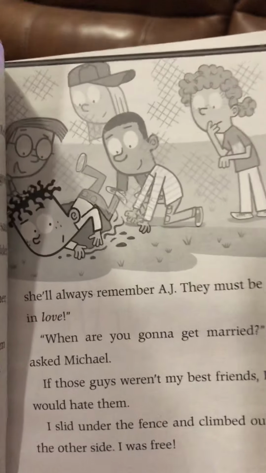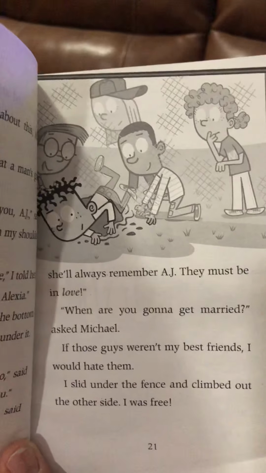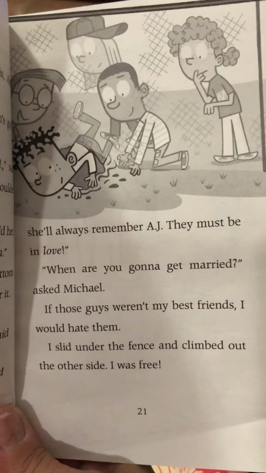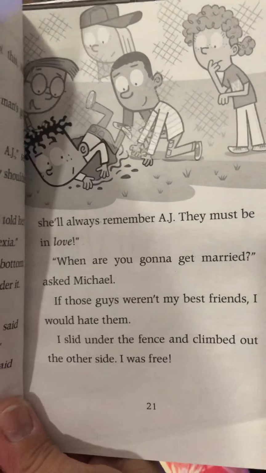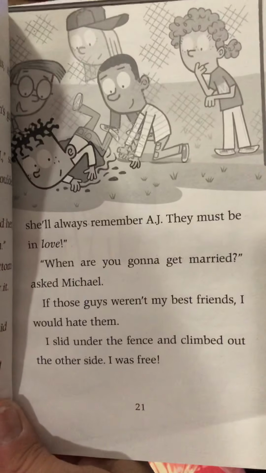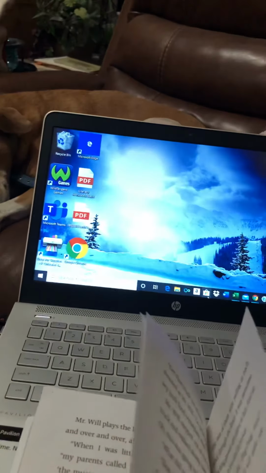Andrea said she'll always remember AJ. They must be in love. When are you going to get married? Asked Michael. If those guys weren't my best friends, I would hate them. I slid under the fence and climbed out the other side. I was free.